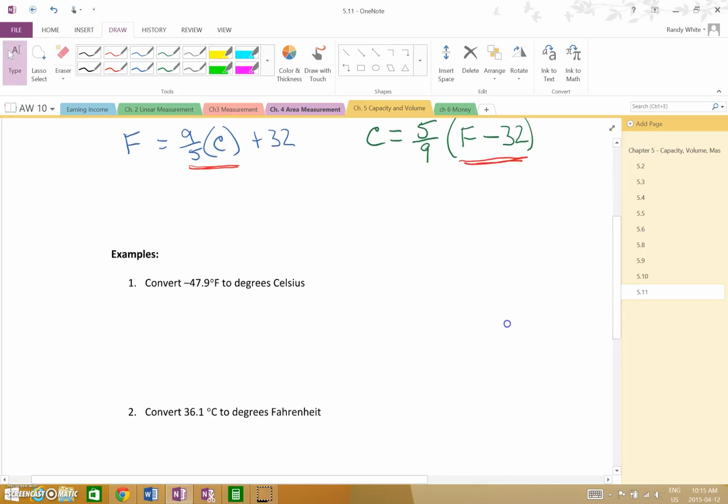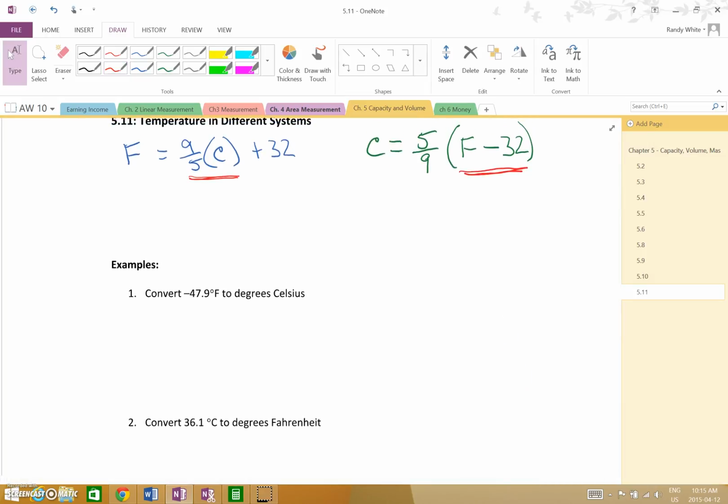So let's try this out. I want to convert -47.9 degrees Fahrenheit to Celsius. Okay, so to figure out what that's going to be, I take 5/9 times (-47.9 minus 32).